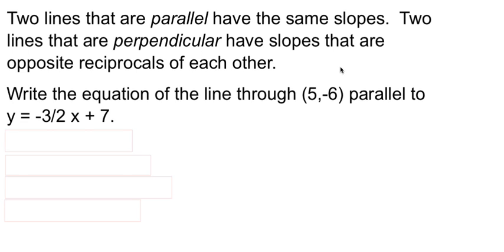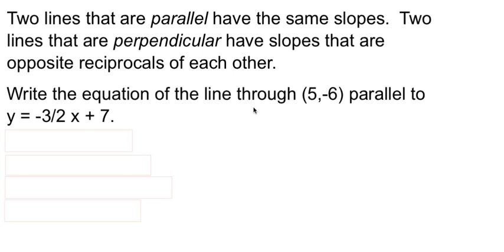But they're going to ask us to write equations of lines through this point, in this case 5, -6, and they want us to write it parallel to this equation, y equals -3/2 x plus 7.